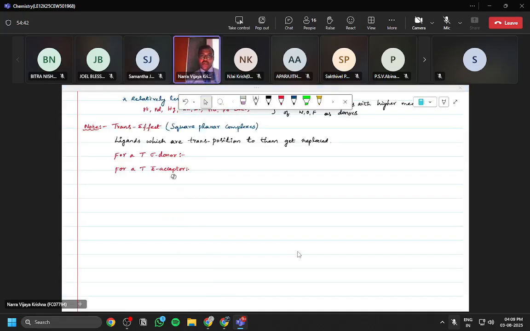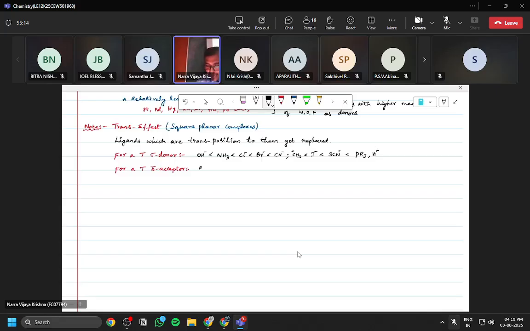See this, sigma donor complexes. Now in this case, OH minus less than ammonia less than Cl minus, Br minus, cyanide, methyl, I minus, SCN minus, triphenyl phosphine, trialkyl phosphine, hydride.